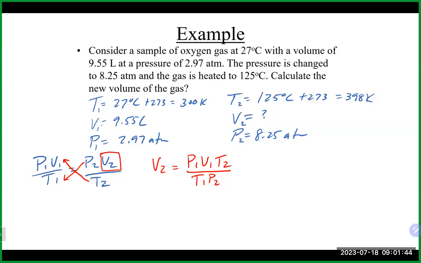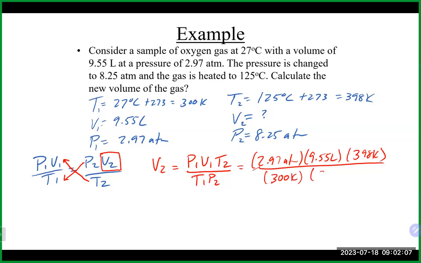And even if you do rearrange correctly, you also want to make sure you put the right numbers in the right spots there. I'm going to try that myself. So that's going to be 2.97 atmospheres, I think. We got a V1 that's 9.55 liters. And we actually need T2 up on top, which would be 398 divided by our T1, which is 300, and our P2, which is 8.25 here.